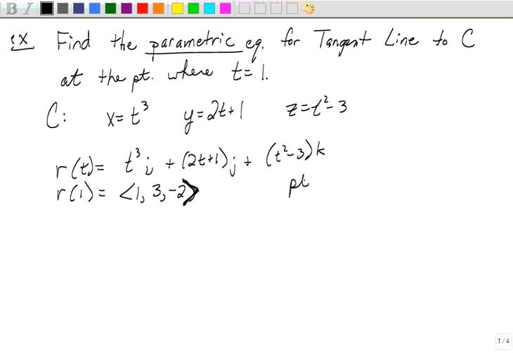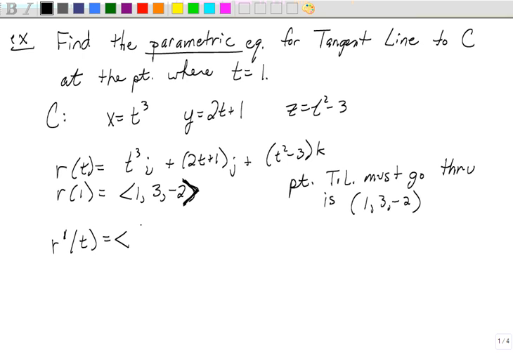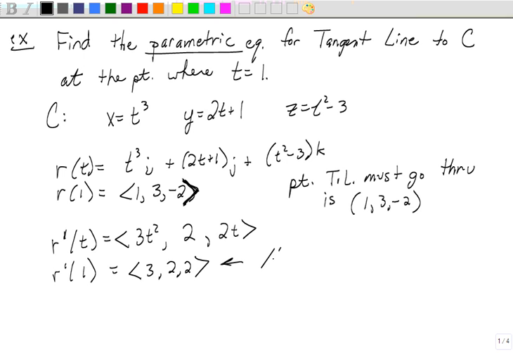So the point the tangent line must go through, because that's the terminal point on that vector, so it must pass through this point. Then it's parallel to the tangent vector, and the tangent vector is 3t squared, you just take the derivative of each one, and R prime of 1 is 3, 2, 2, so it's parallel to this vector.